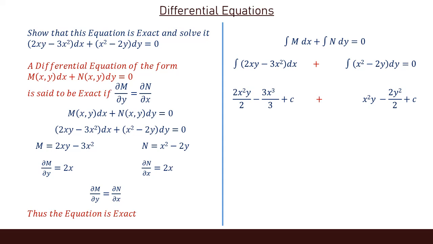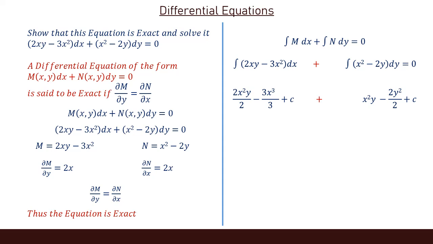Now, the other integral with respect to y. When we integrate x squared with respect to y, it's going to give us y x squared. When we integrate minus 2y with respect to y, we're going to have minus 2y squared all over 2. Then let's add a constant, plus c equal to 0.